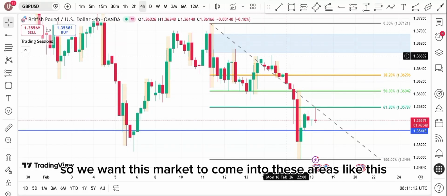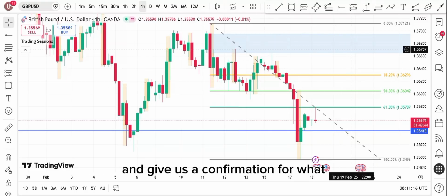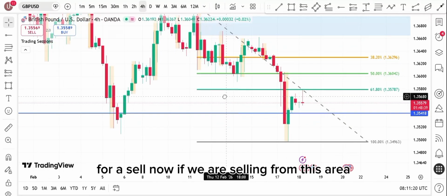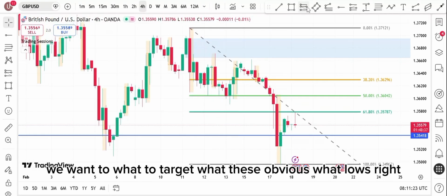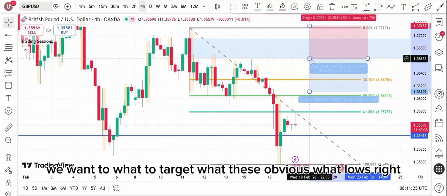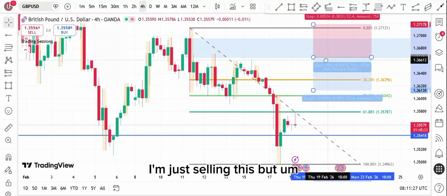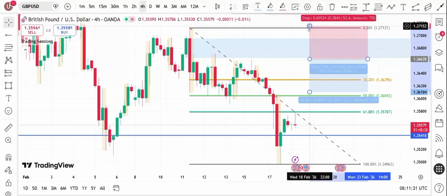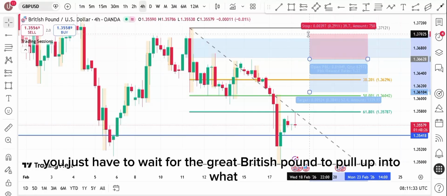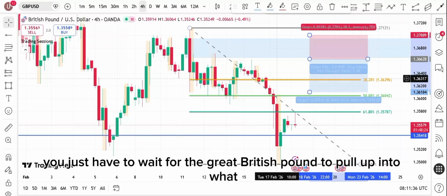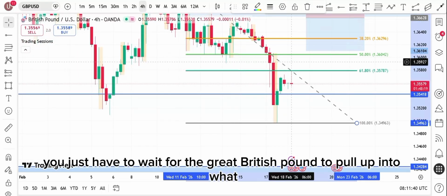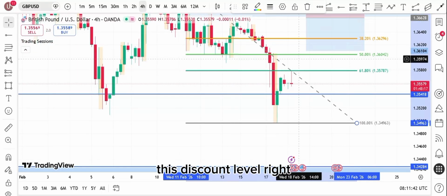So we want this market to come into these areas and give us a confirmation for a sell. If we are selling from this area, we want to target these obvious lows. So you just have to wait for the Great British Pounds to pull up into this discount level, right?